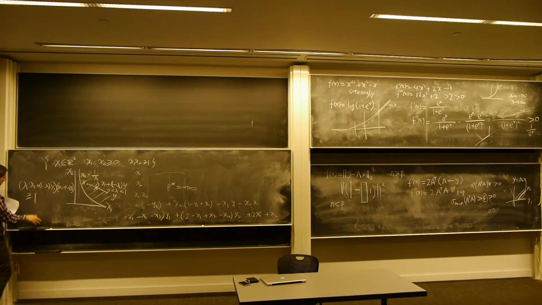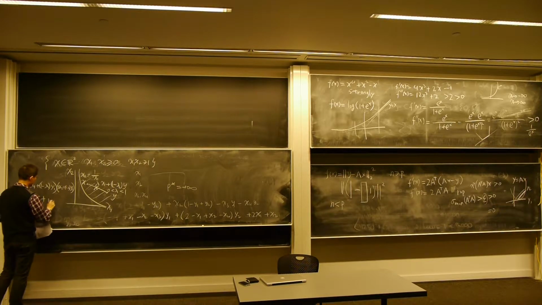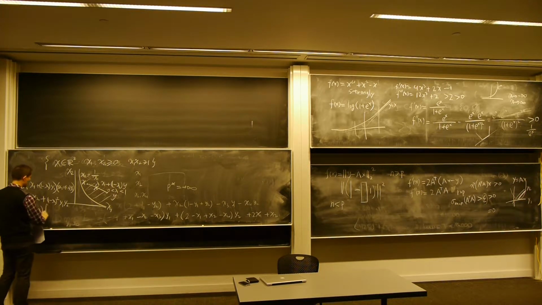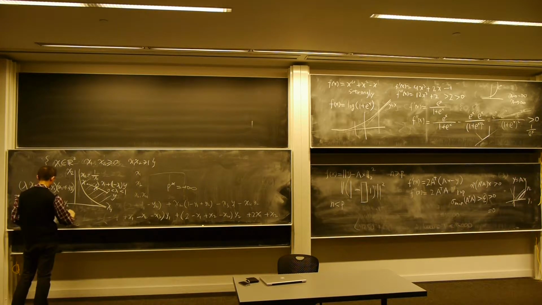The way to show this is through the Cauchy-Schwarz inequality. First step, you expand the brackets. This becomes lambda squared x1 x2 plus 1 minus lambda squared y1 y2 plus some cross terms. The cross terms are lambda times 1 minus lambda, times x1 y2 plus x2 y1.